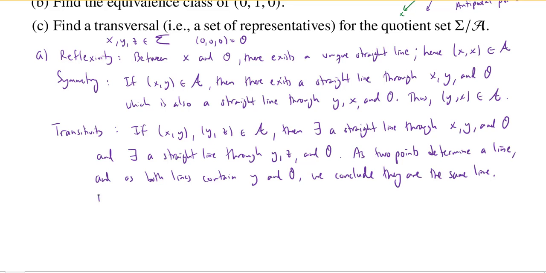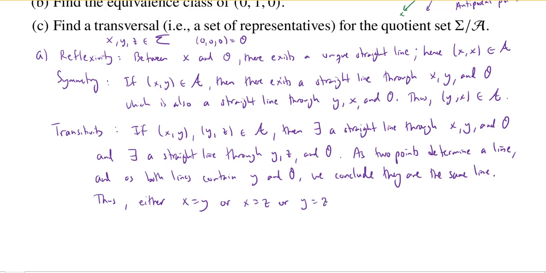Well, I guess there's one other option here, right? So let's make this very systematic. If x and y are already the same, then z could be something different. So either x equals y, or x could equal z, or y could equal z.